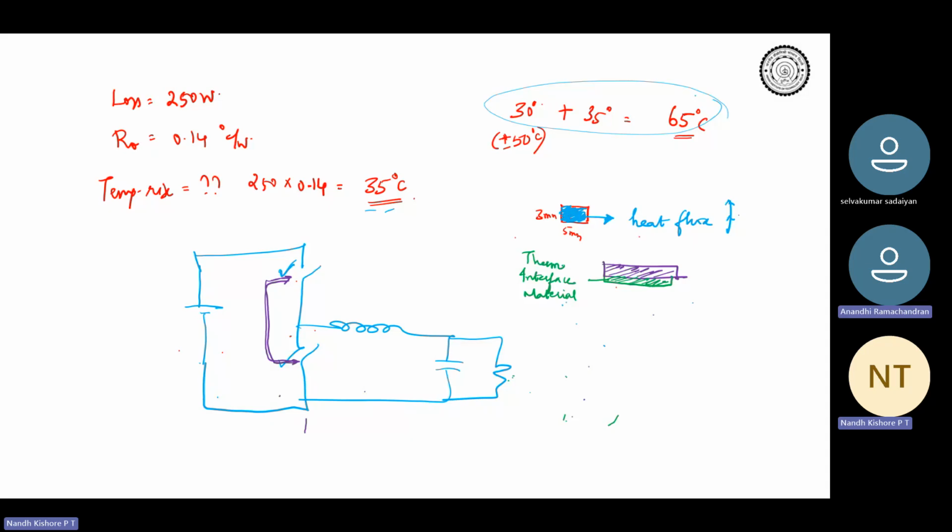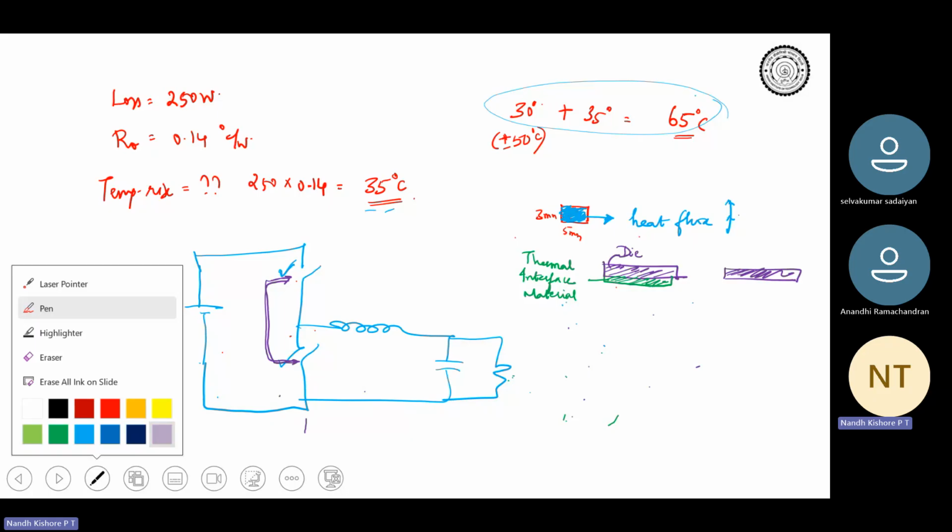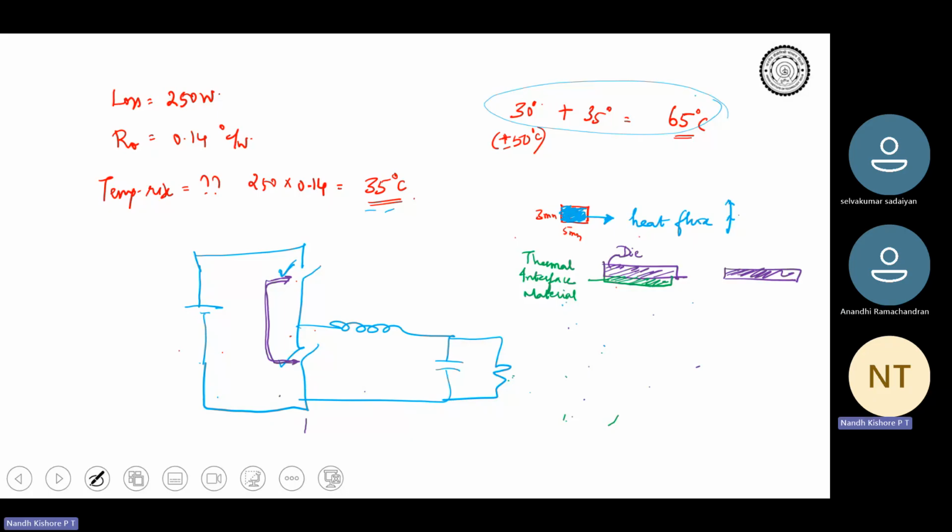This will be electrically isolating. So this is your die, and this is your TIM material, or thermal interface material. Again, there is another die, or your other device, and then there will be one insulating thermal interface material. We call it a TIM layer.